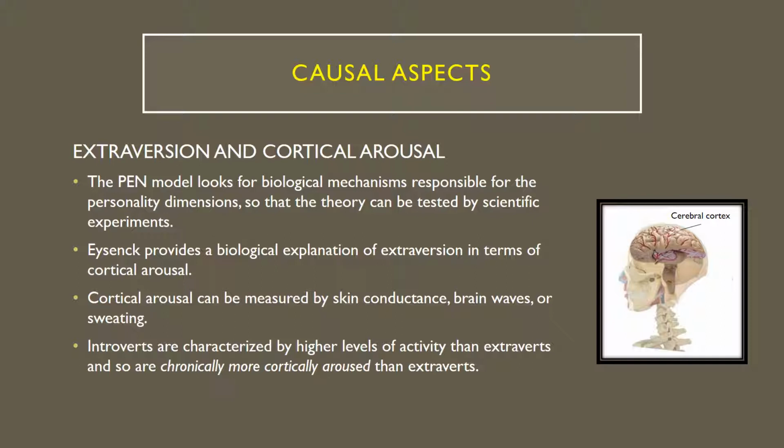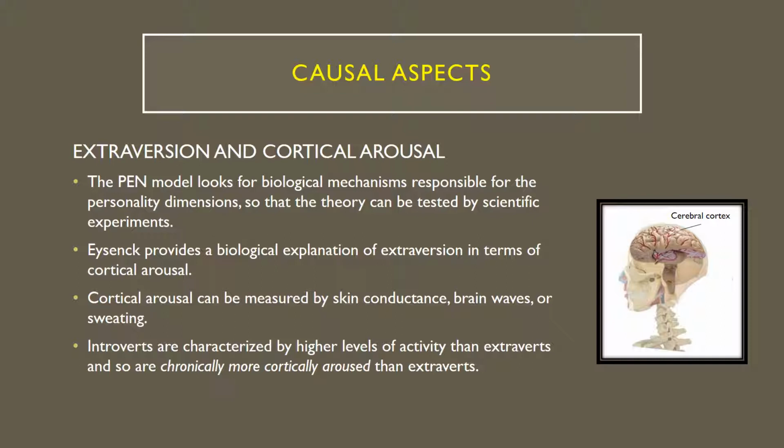Eysenck provides a biological explanation of extroversion in terms of cortical arousal in the brain via the ascending reticular activating system. Activity in this system stimulates the cerebral cortex, which in turn leads to higher cortical arousal. Cortical arousal can be measured by skin conductance, brain waves, or sweating.